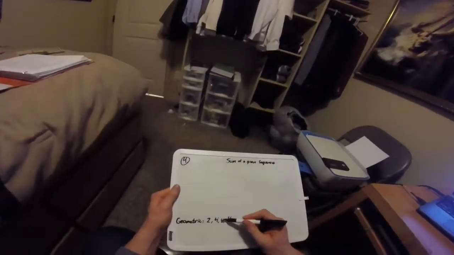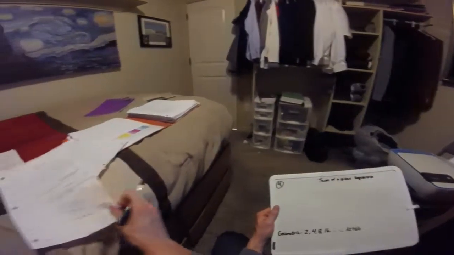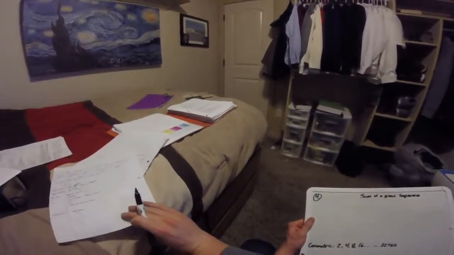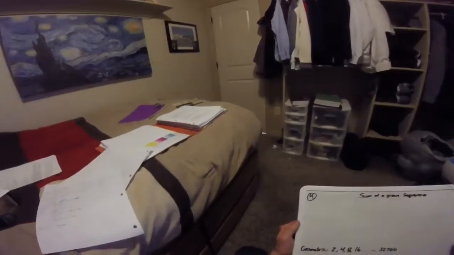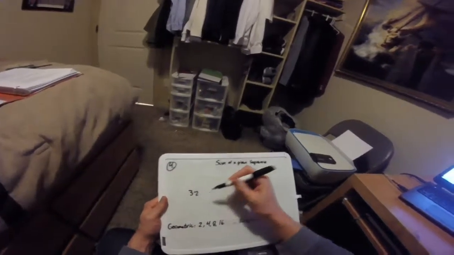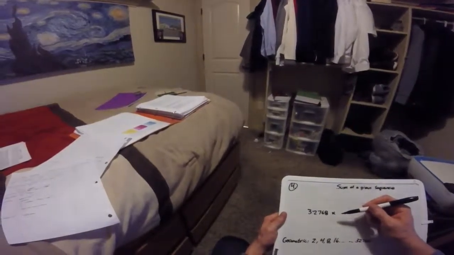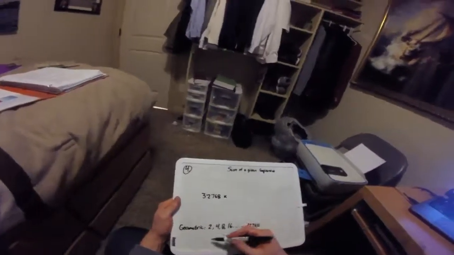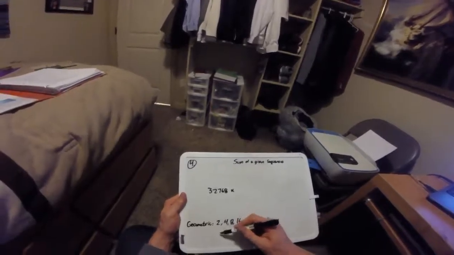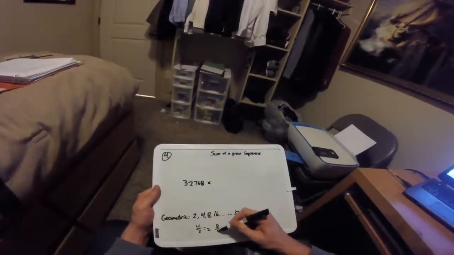So with a geometric sequence, to find the sum of the terms, we take the last term, 32,768. We're going to multiply that by the rate. So we figured out 4 over 2 is 2, 8 over 4 equals 2, so our rate is 2.